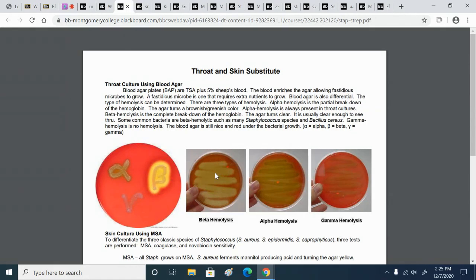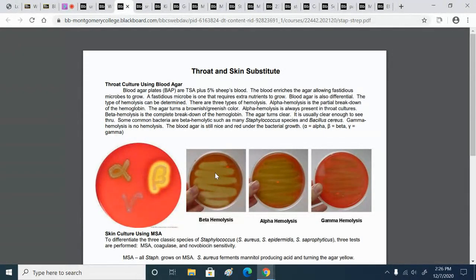Whenever students do this, it's possible to get Streptococcus mutans right from your teeth, and that will show beta hemolysis, or the Staph aureus if you like to eat with your hands and fingers a lot, and sometimes Bacillus cereus.